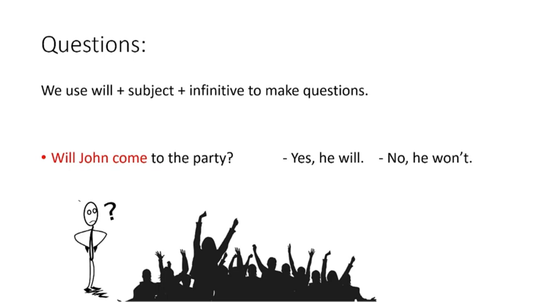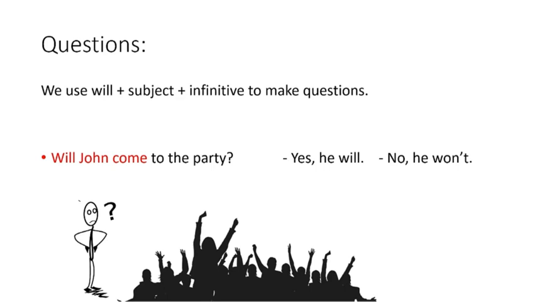Yes, he will, or no, he won't. These are the two kinds of answers we can have for this short question. This is a yes or no question. Will John come? Yes, he will, or no, he won't.